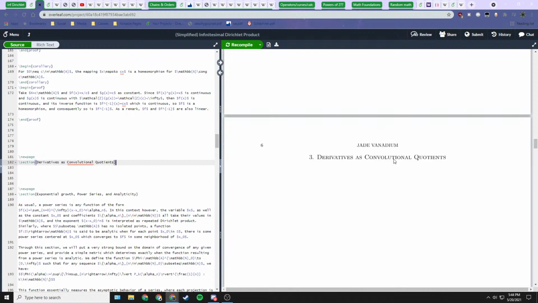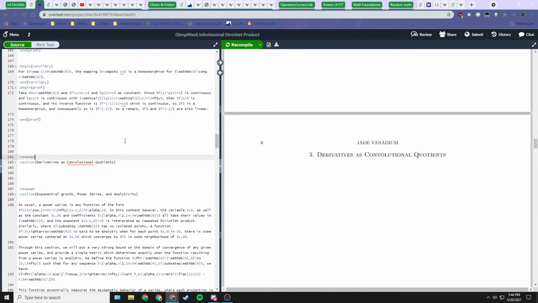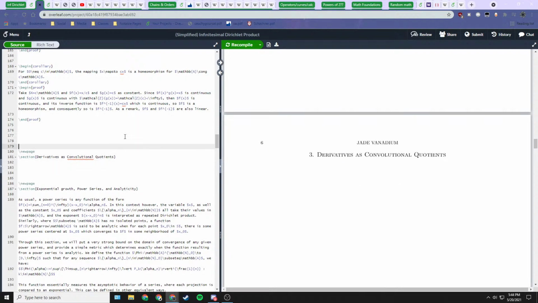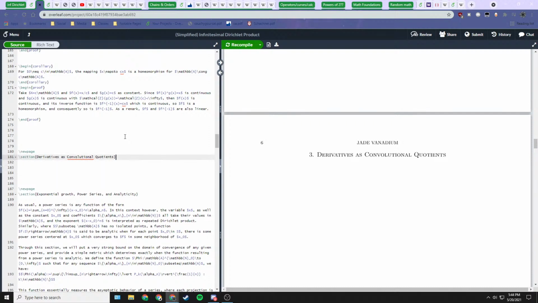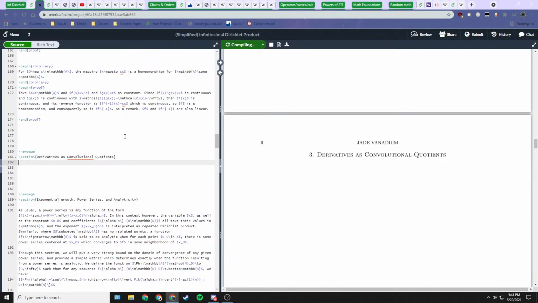I'm just gonna leave it how that is. So we're gonna do derivatives, which is exciting. The plan is we're going to state our definition for a derivative. We're going to prove sort of the standard derivative properties, and we're also going to find some different properties that apply specifically to our space that we can use.